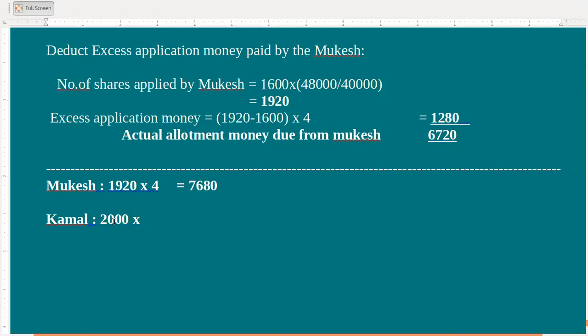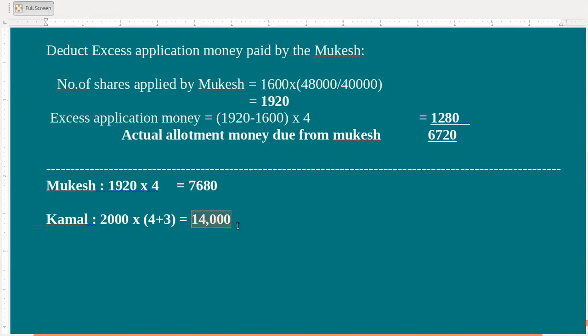Regarding Kamal, his number of shares allotted is 2,000 into application money of rupees 4 plus allotment money. Allotment money only, not premium included. It is rupees 3. So what is the amount? 2,000 into 7, that is 14,000.